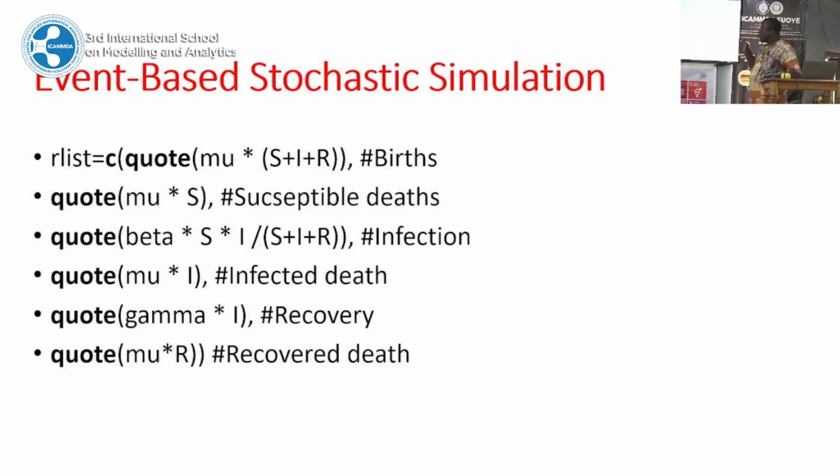Then mu I is the infected deaths. Now gamma I is the recovery of the infectious, and then mu R is the recovered death.